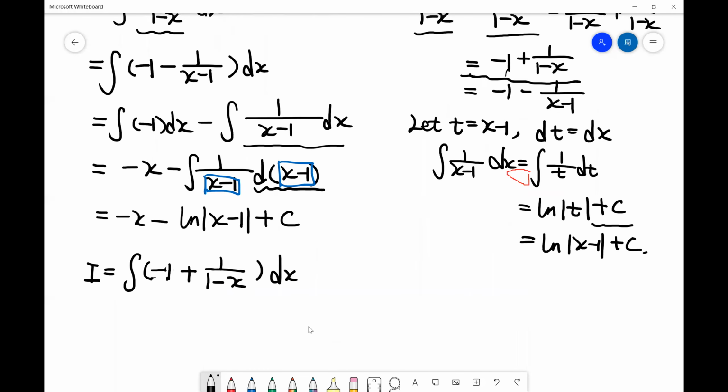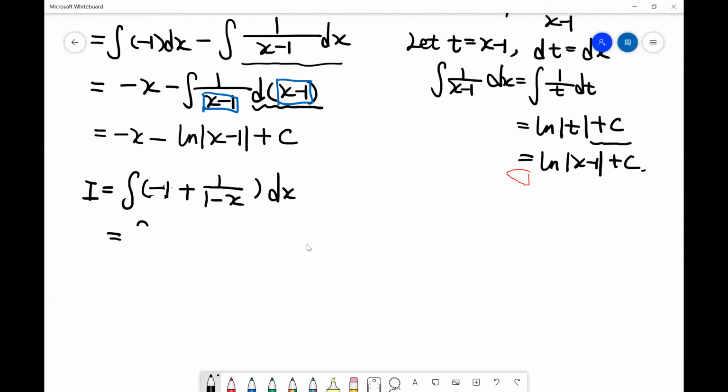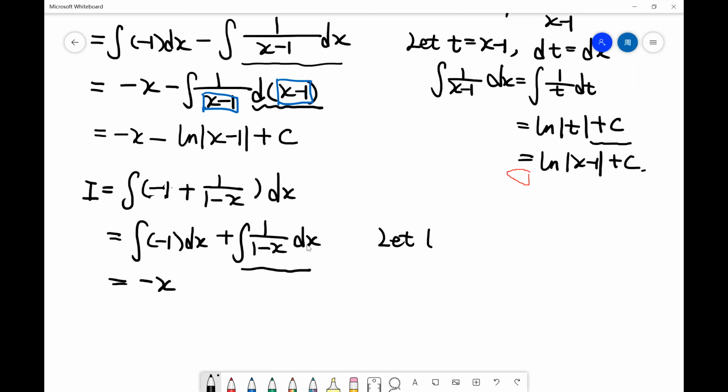Right? And yes, the first part is the same, minus 1 dx. And the second part is 1 by 1 minus x dx here. And this part also equals minus x. And for this part, you should pay attention to that you can let t, here I will change the letter to u, equals 1 minus x, right?